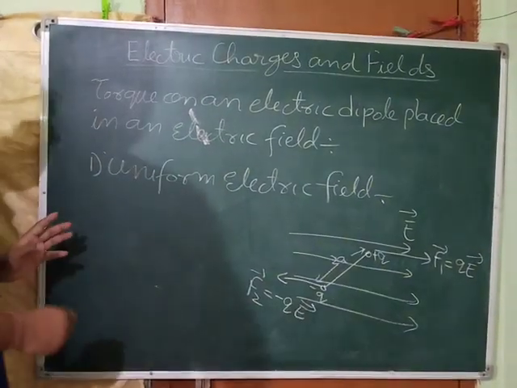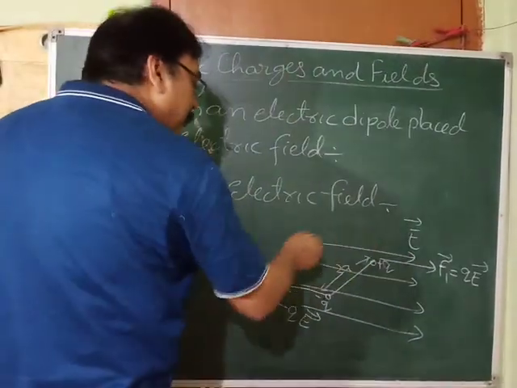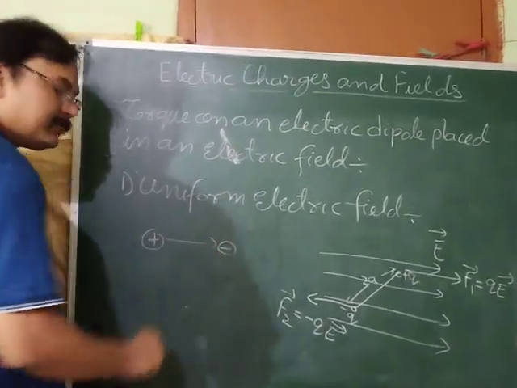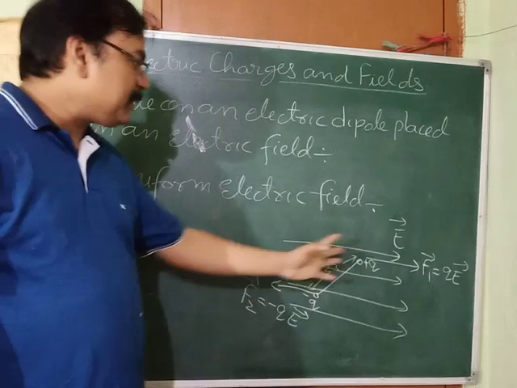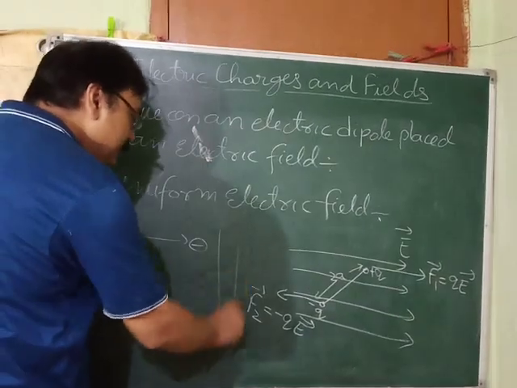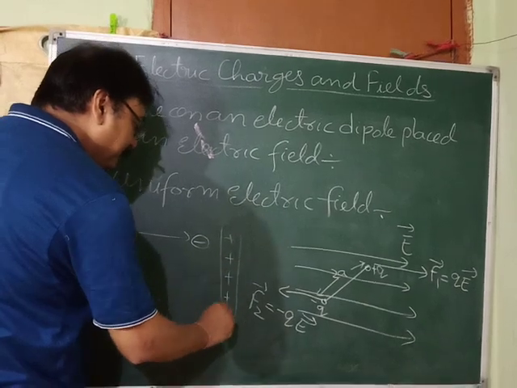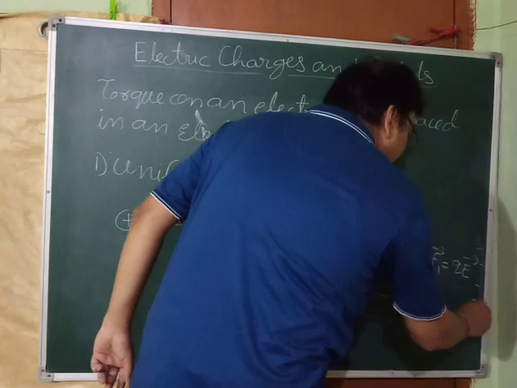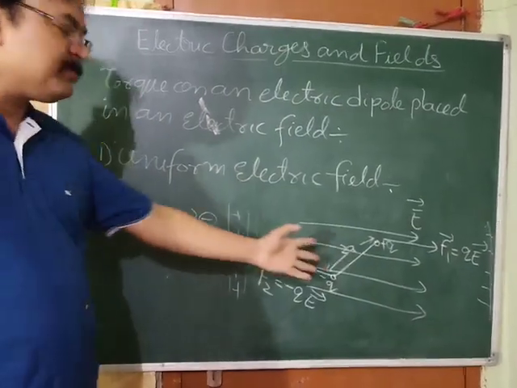Why? Because electric field lines always travel from positive charge to negative charge. When the field is in this way, somewhere you have an area of positive charges, which is not visible to us, and here you have an area of negative charges. That's why this field has been produced.